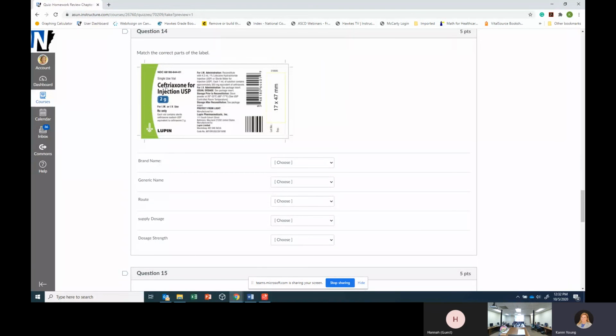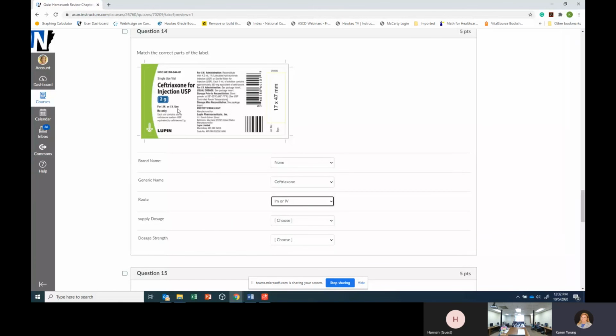So if we have, this is ceftriaxone. If I don't have a brand name, I could choose none. My generic name would be just the ceftriaxone, not the ceftriaxone for injection. My route, since it says IM or IV, I'm going to choose IM or IV. And then it says supply dosage.